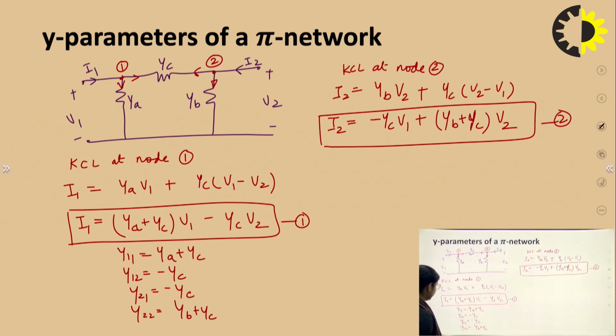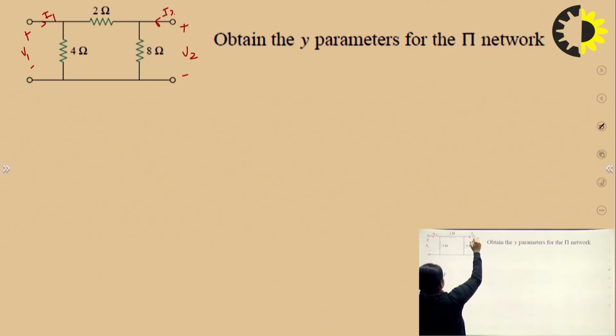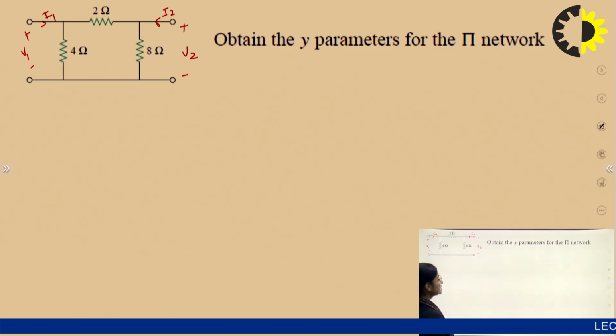Pi network. So, let us calculate the Y parameters of this network. So, this is V1, this is current I1, this is voltage V2 and this is current I2. This is a pi network. So, using the previous analysis, the KCL at two nodes, I can calculate these values.